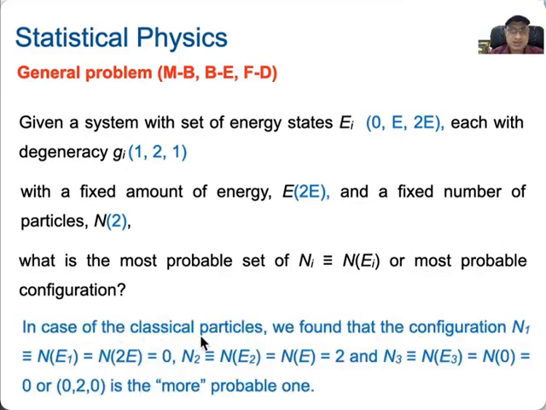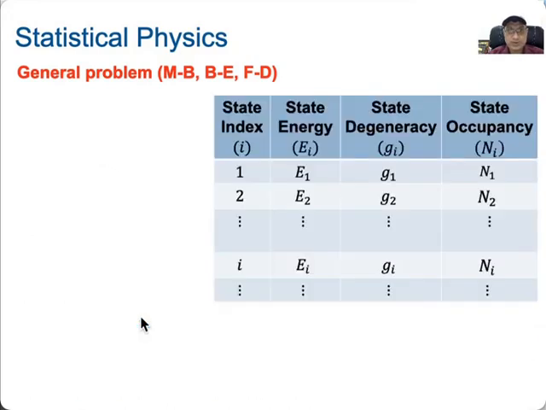In the case of classical particles, we found that the 0 2 0 configuration was the most probable.